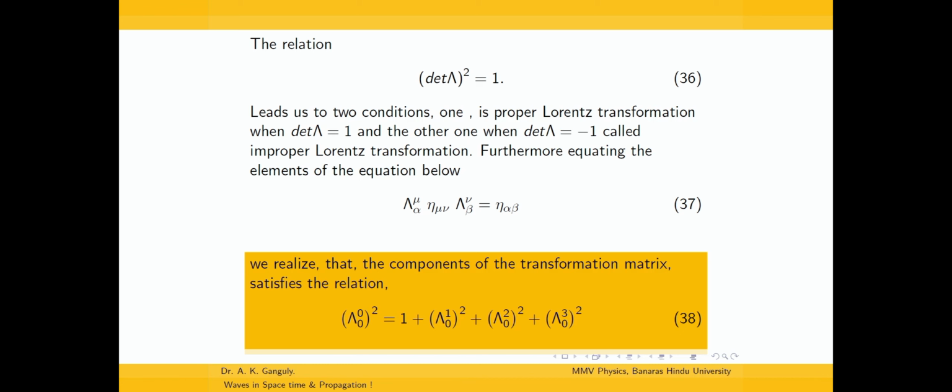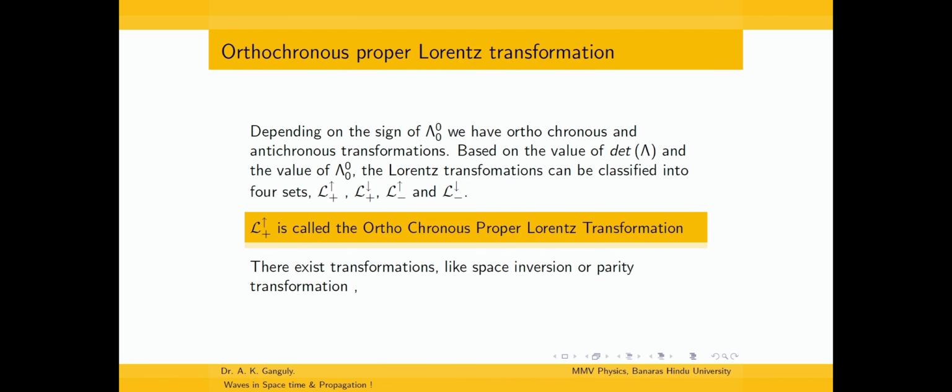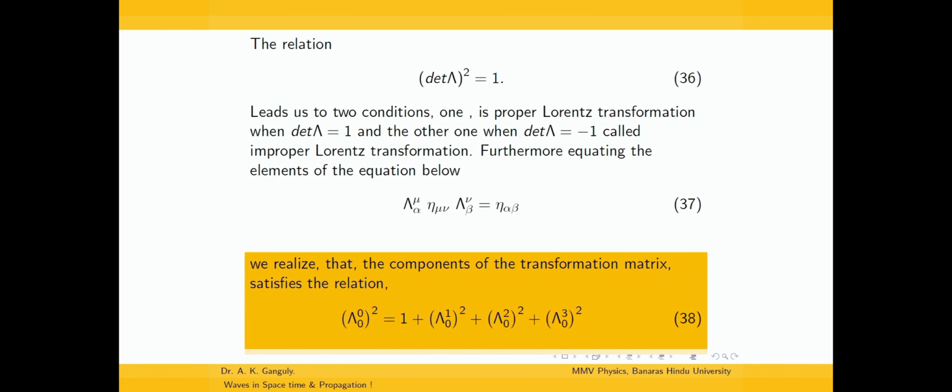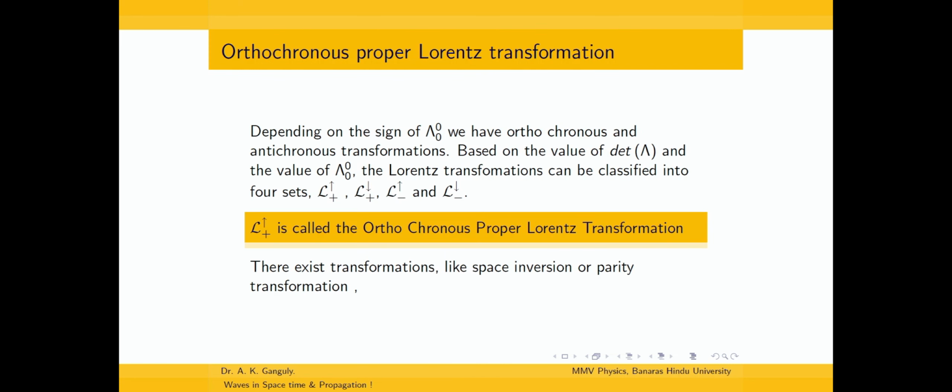And that tells us that lambda 0 0 can be either greater than or equal to 1 or less than or equal to minus 1.